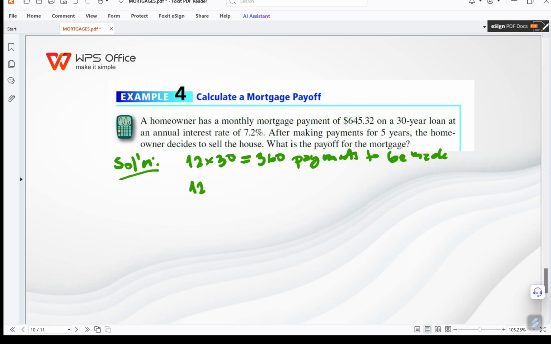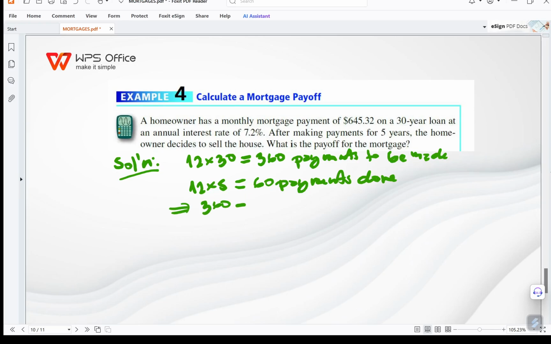So 12 times 5 is equal to 60 payments done. This implies that 360 minus 60 is equal to 300 payments remaining. So there are still 300 payments to be done.